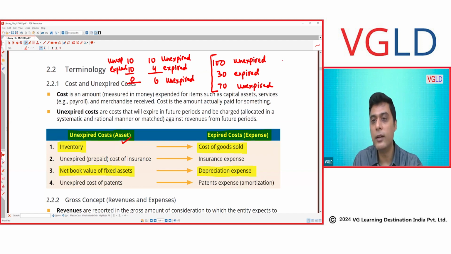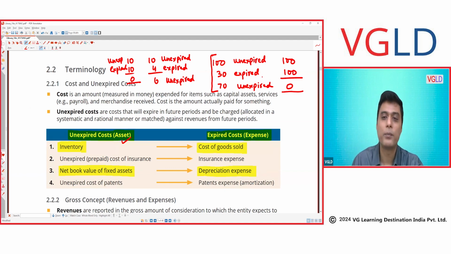Similarly, at the end of 100 years, when the person has lived 100 years, the person will be left with 0 unexpired. Right? So expiry, now this will sound harsh. Expiry is not something that happens only once.